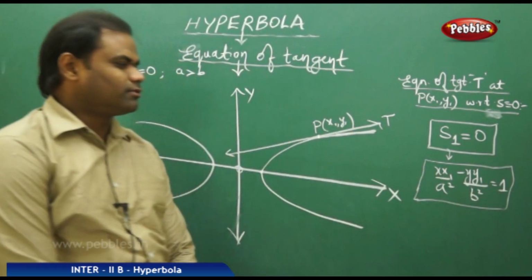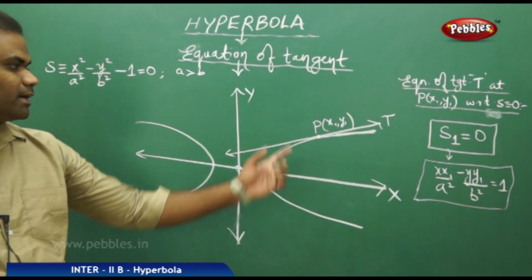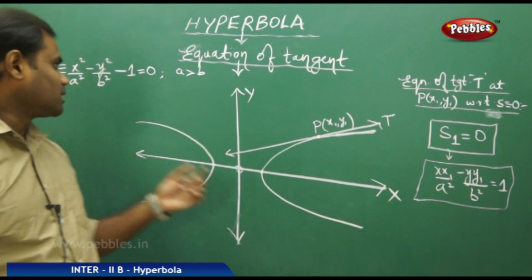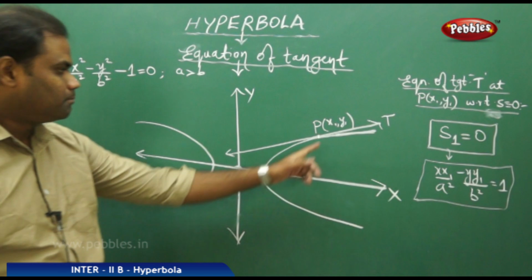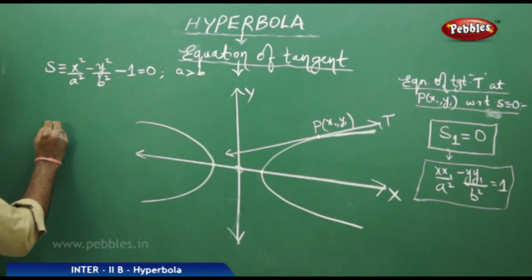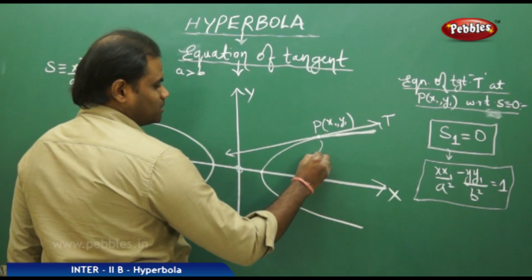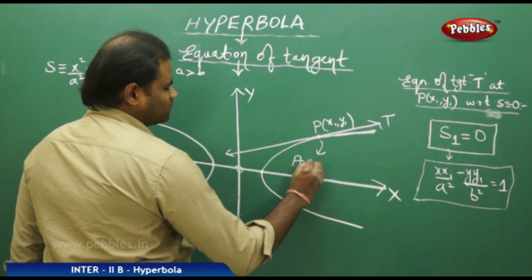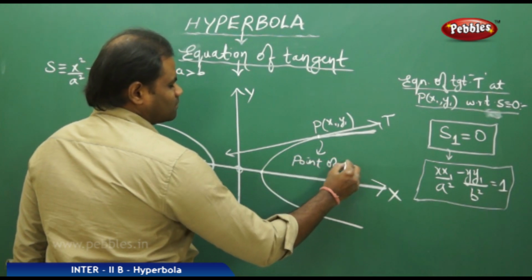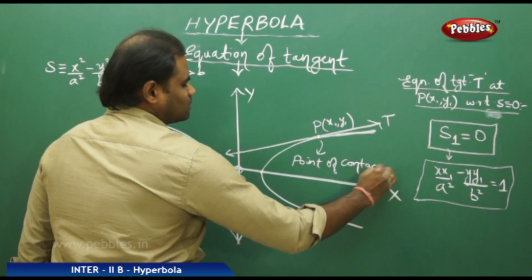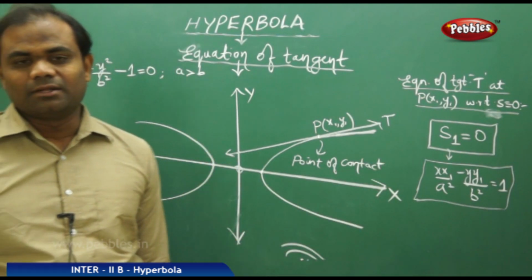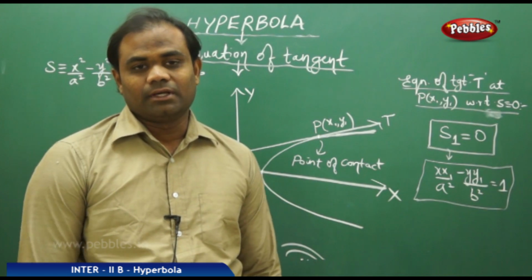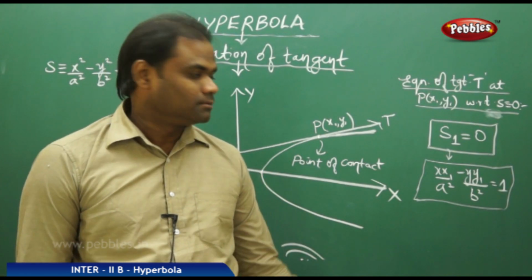This is the equation of tangent at P(x1, y1) with respect to the standard hyperbola S equal to 0, and P is called the point of contact. This is how we understand the tangent at the point of contact P(x1, y1).